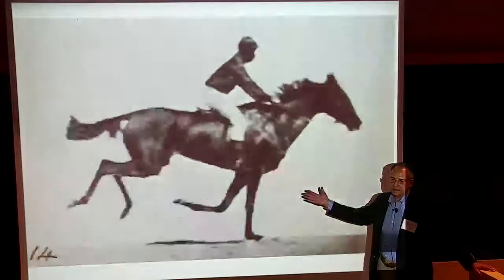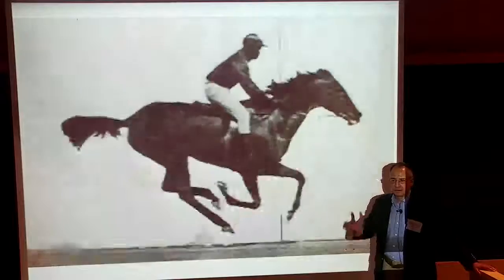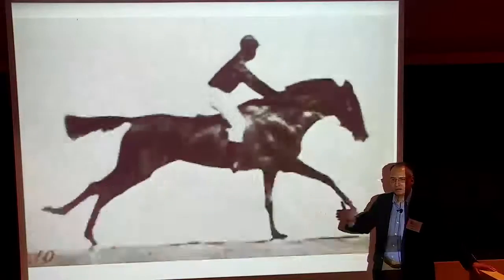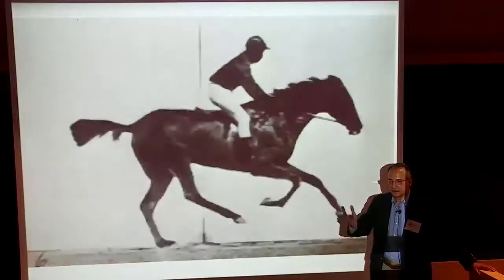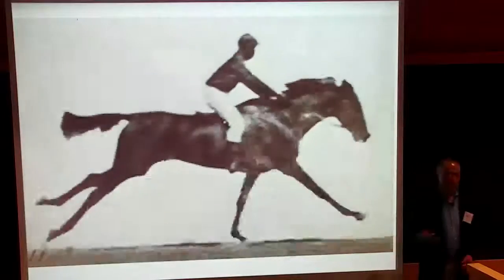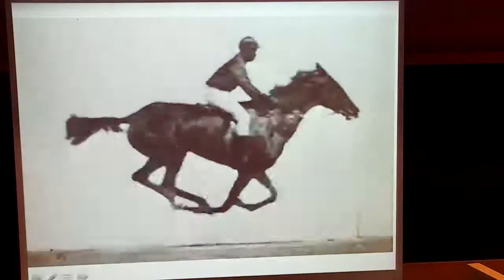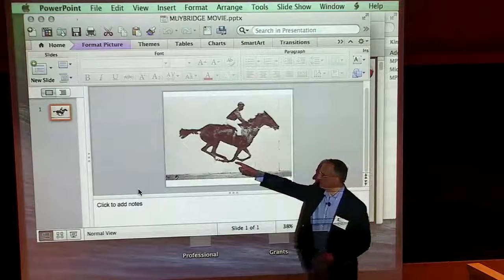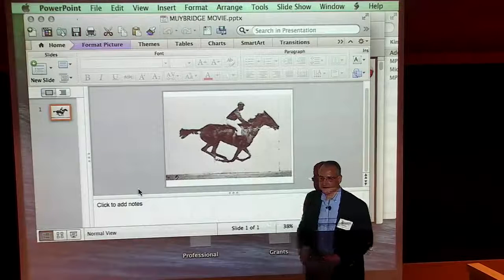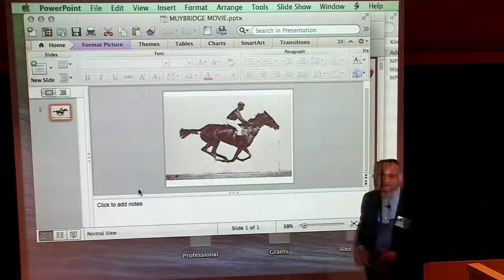And the result was a collection of photos taken with millisecond or thousandth of a second resolution that definitively showed, as you can see, that there are instances when all four legs are off the ground.